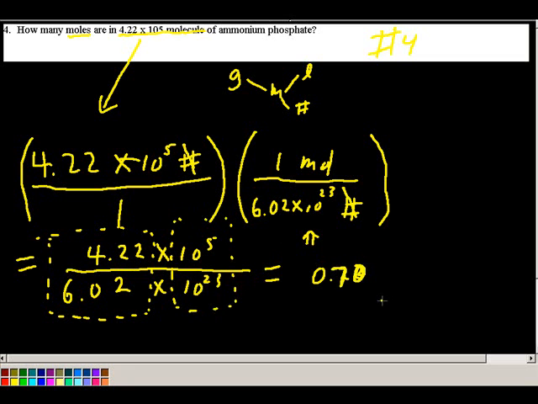My bad. And what we do here is we take 5 minus 23, and that gives you 10 to the minus 18th. Putting it in true scientific notation, you get 7.0 times 10 to the negative 19 moles.